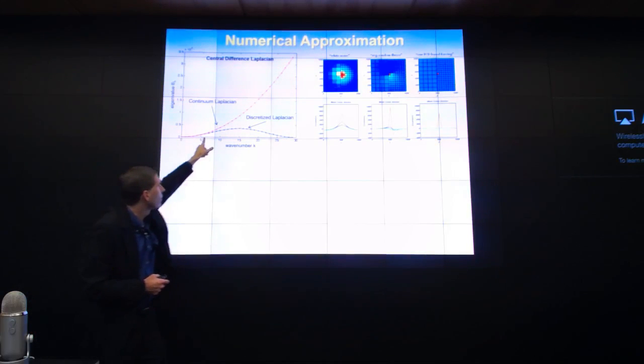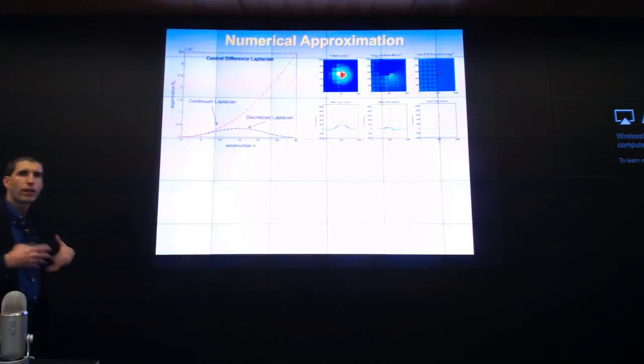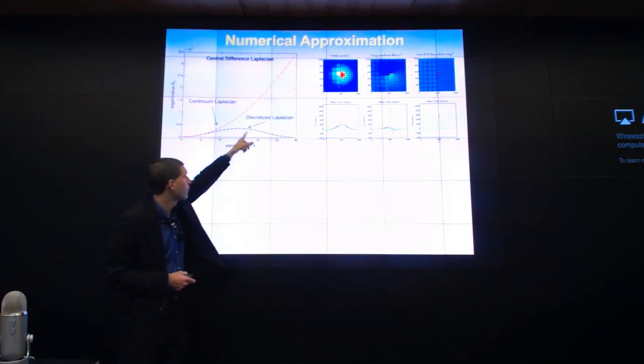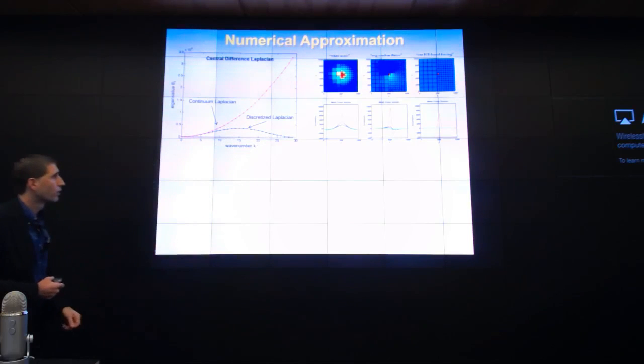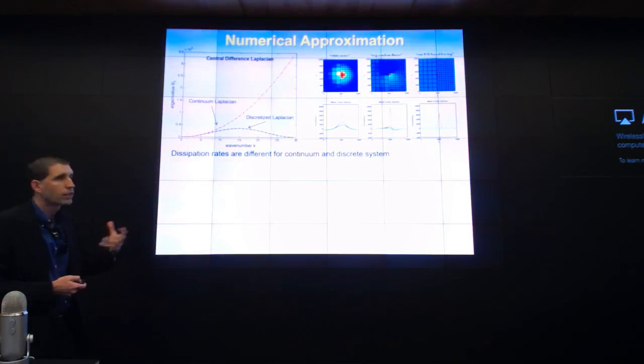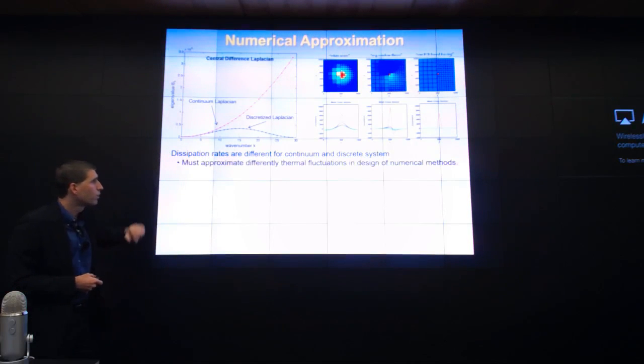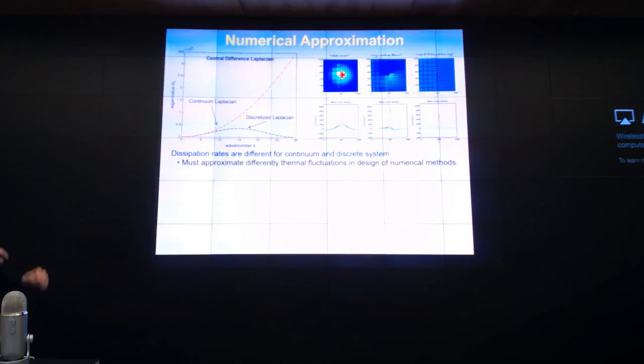And you look at something like the discretized Laplacian, you have the well-known aliasing effects that lead to a quite different dissipative behavior, especially as you get to the large wave numbers. And so one of the things that we do in order to discretize these stochastic equations in a consistent manner is we pay attention to these dissipative rates, because ultimately we have to have fluctuation dissipation balance to get the right equilibrium fluctuations.